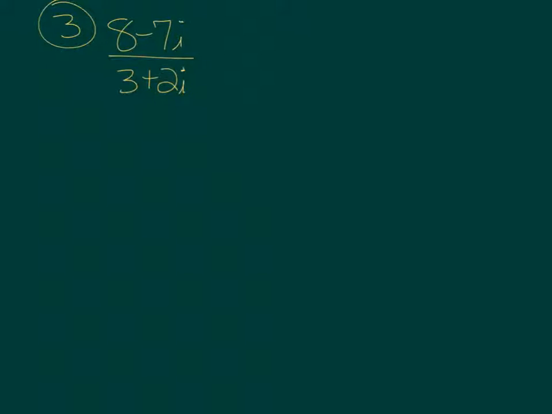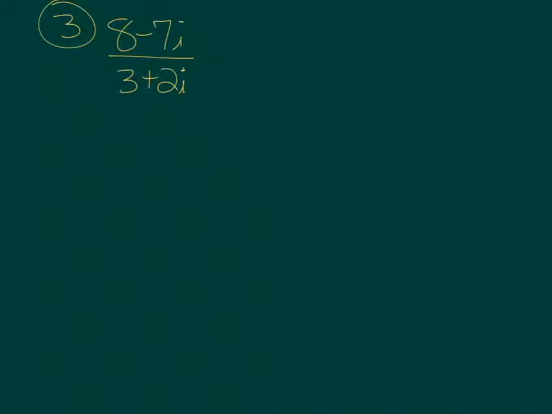Number 3 says to divide and express the result in standard form. The deal with this one is we have a complex number in the denominator, and we can't have any radical, including the square root of -1 in the denominator, so we multiply by the conjugate, and the conjugate of the denominator, 3 plus 2i, is 3 minus 2i.